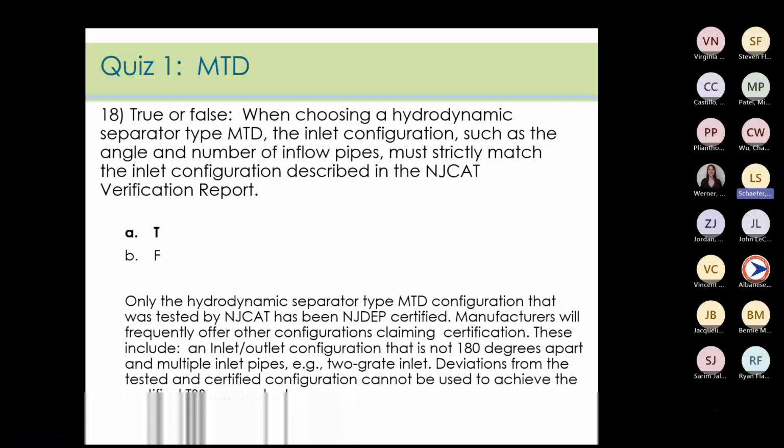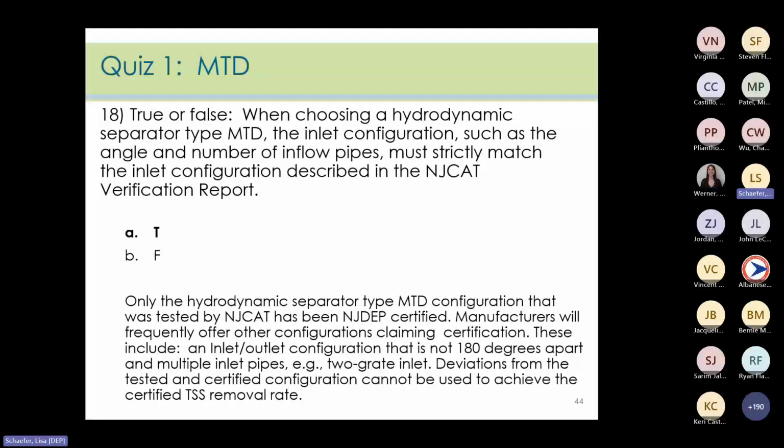These might include an inlet-outlet configuration that's not 180 degrees apart, multiple inlet pipes, or a graded inlet. Deviations from the tested and certified configuration are not NJDEP certified and cannot be used to achieve the TSS removal rate found in the certification letter.